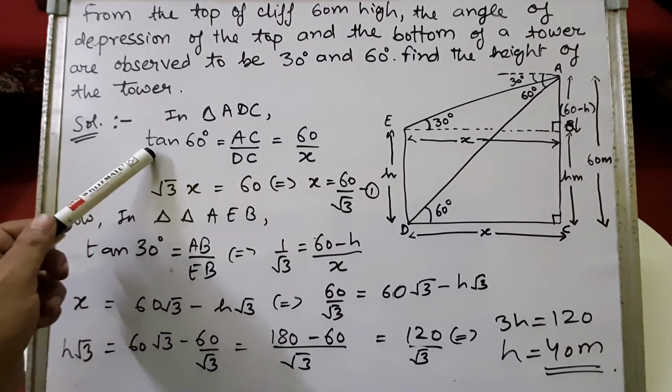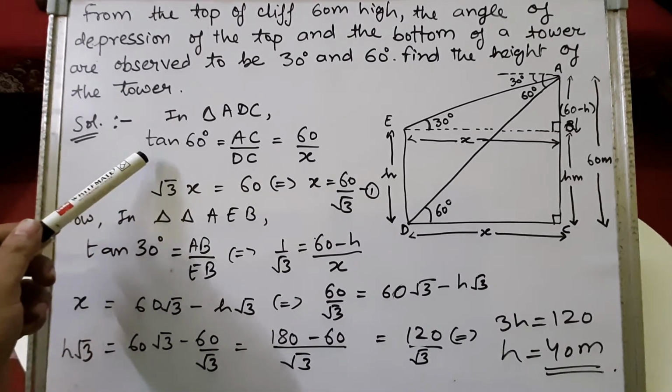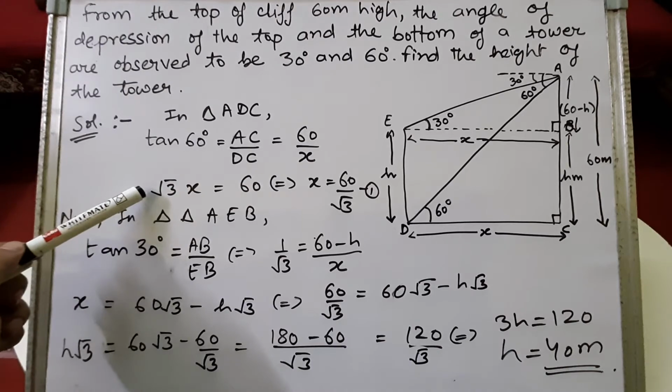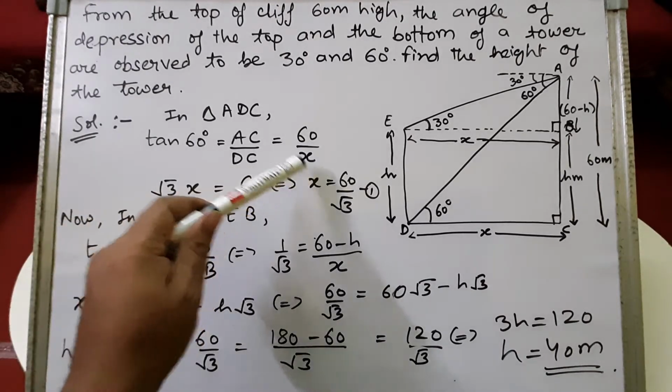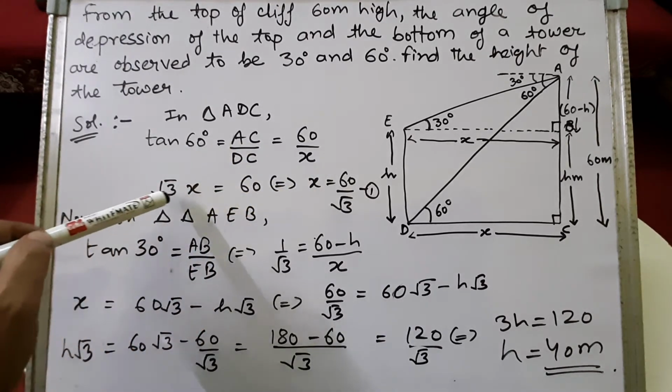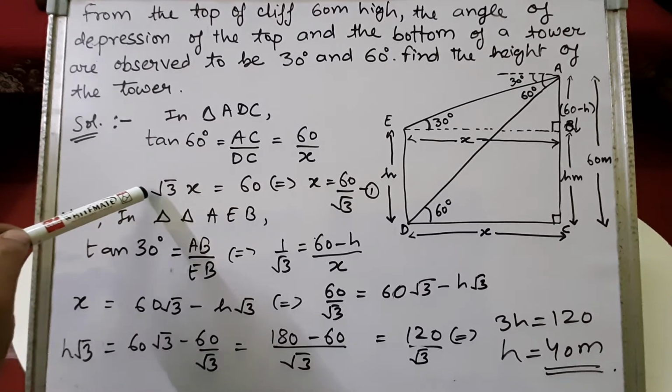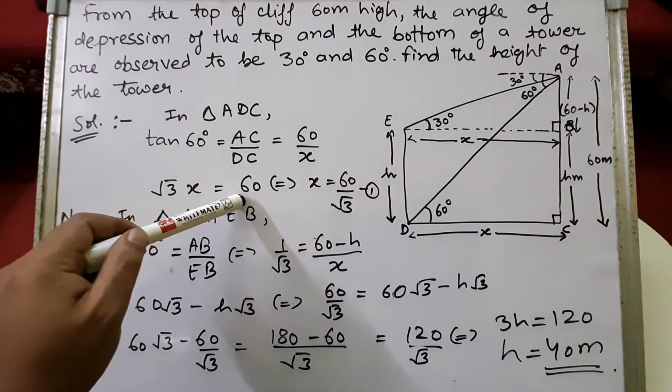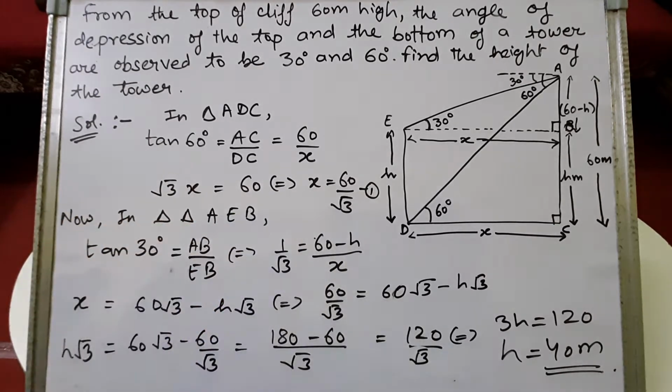So tan 60 degrees will be 60 upon X. The value of tan 60 is root 3. Cross multiplying, root 3 X equals 60. So the value of X will be 60 upon root 3. This is the first condition that we have obtained, the value of X, right?